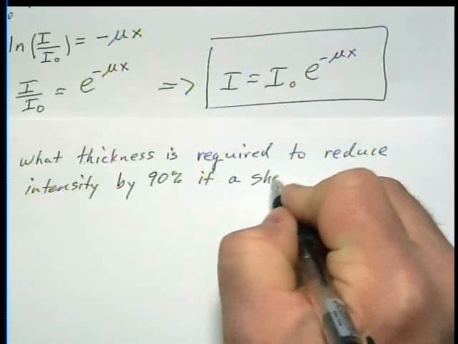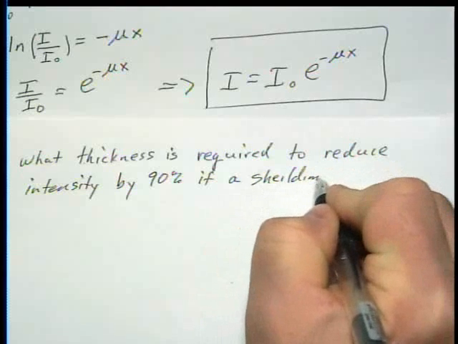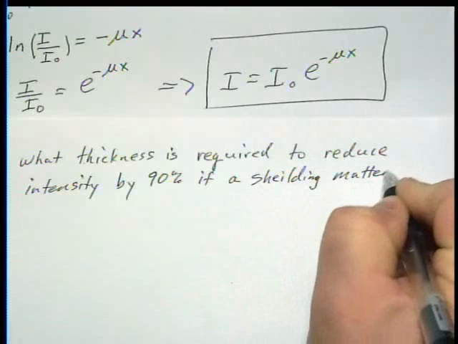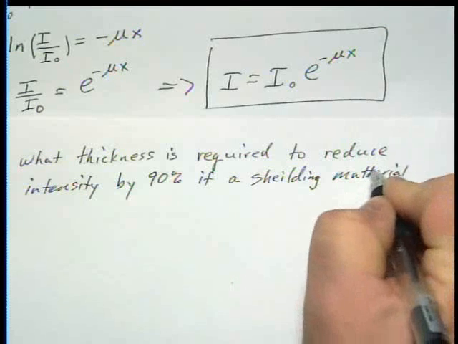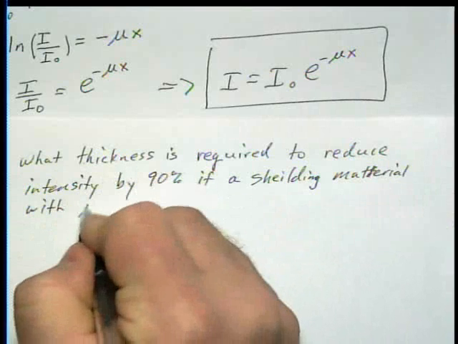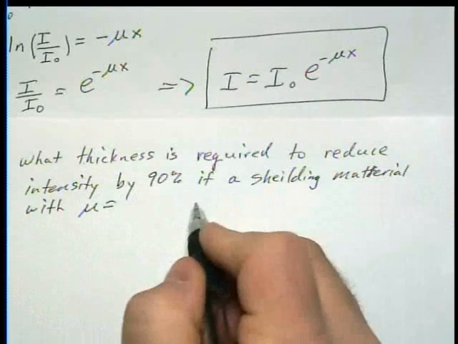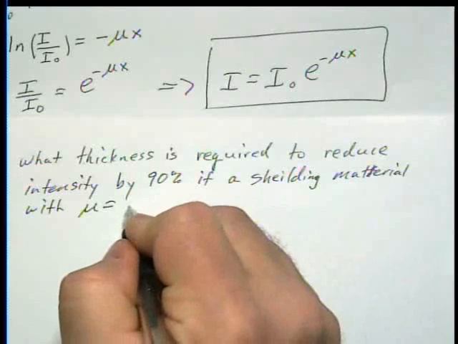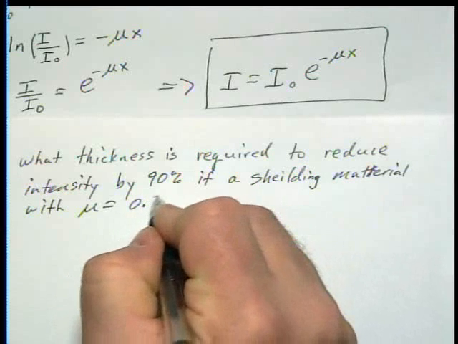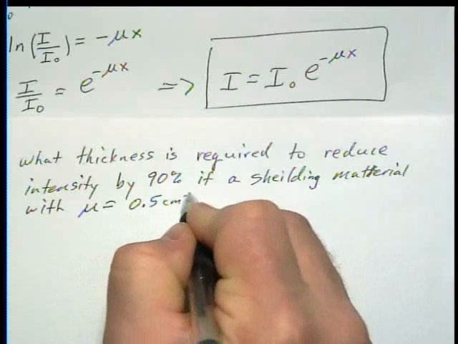But shielding with mu equal, I don't know, 0.5 centimeters to the minus 1 is used.